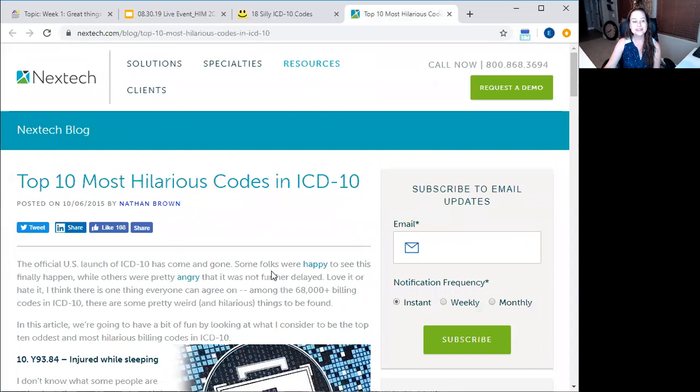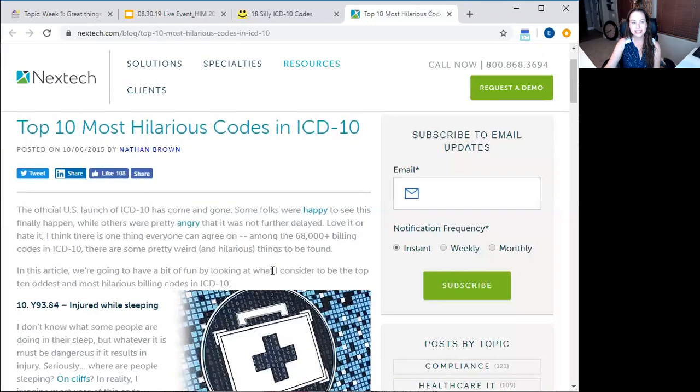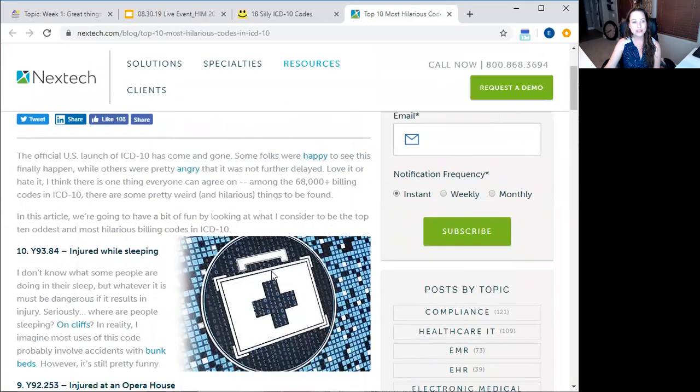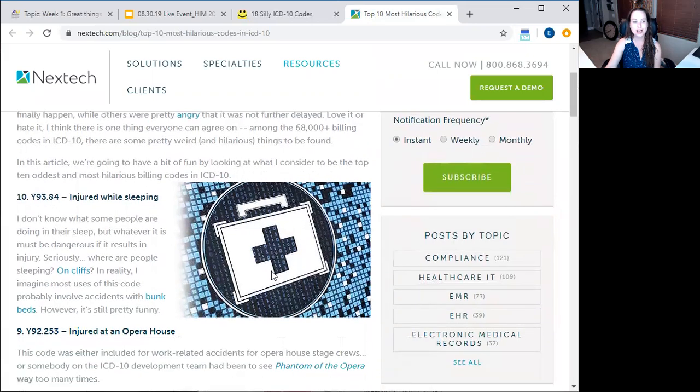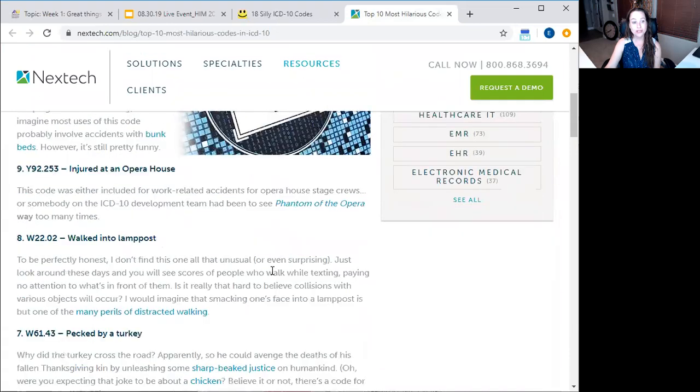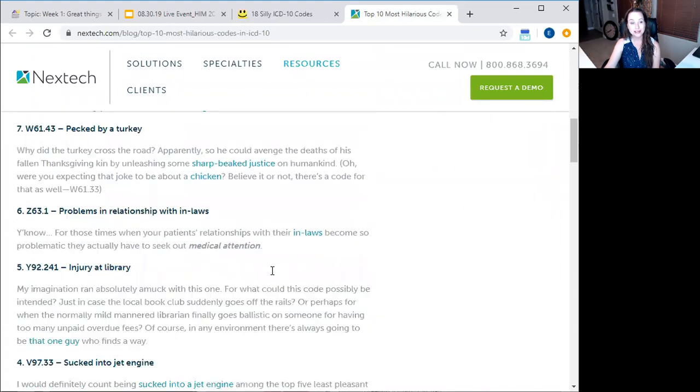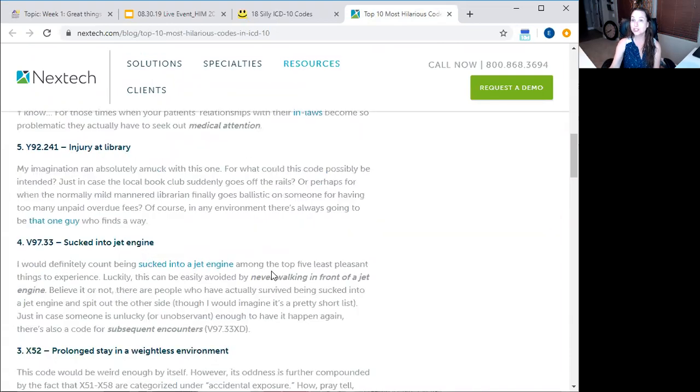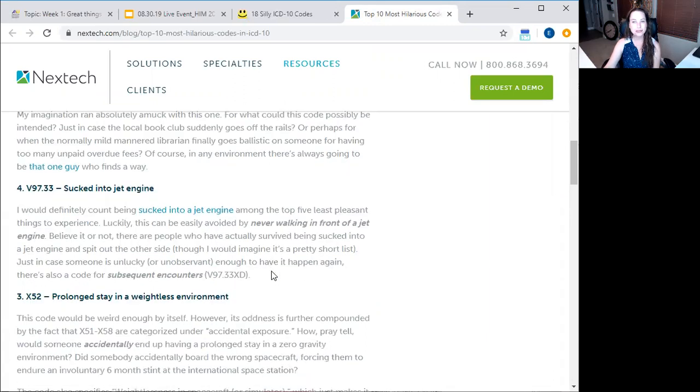And then here we have top 10 hilarious codes in ICD-10. This one posted, these include injured while sleeping or injured at an opera house. Walked into a lamppost. Those are some of the ones that we had on the other slide. Sucked into a jet engine. Some of these might be very infrequently used, but absolutely there was something that had occurred that cited a need for these types of things.